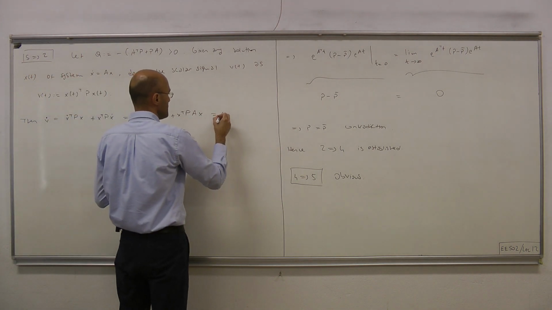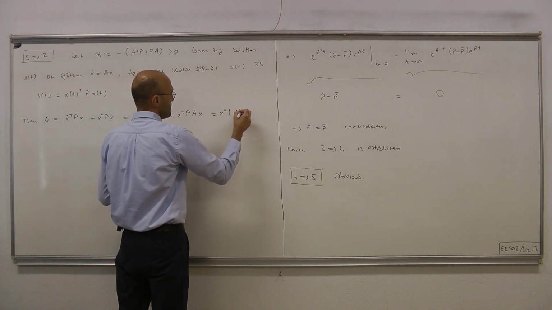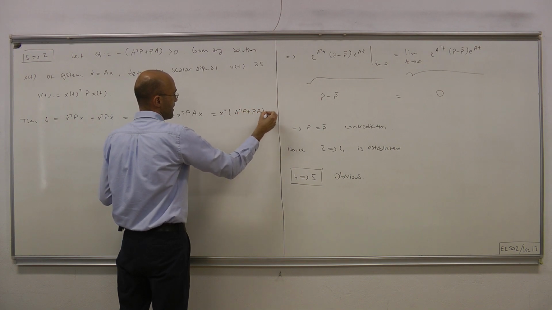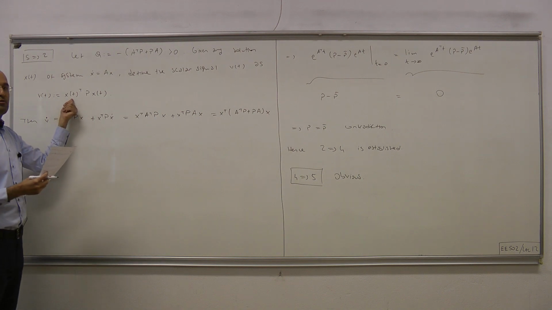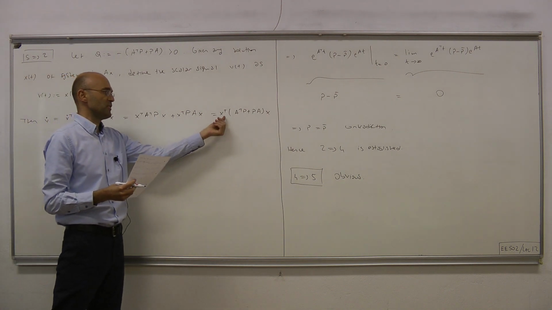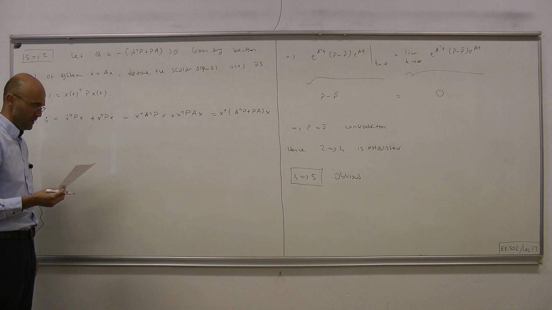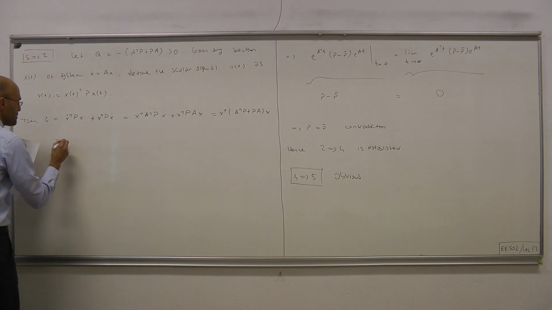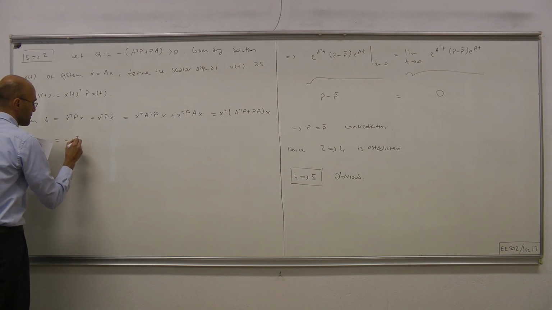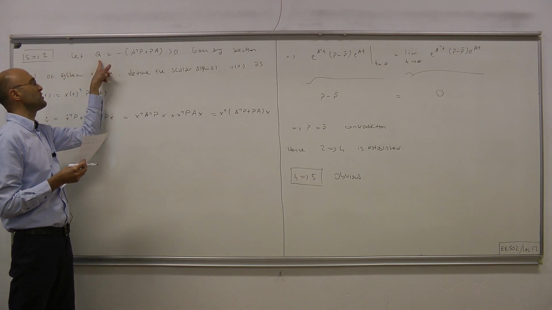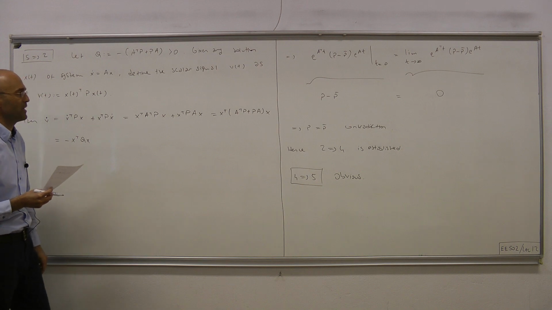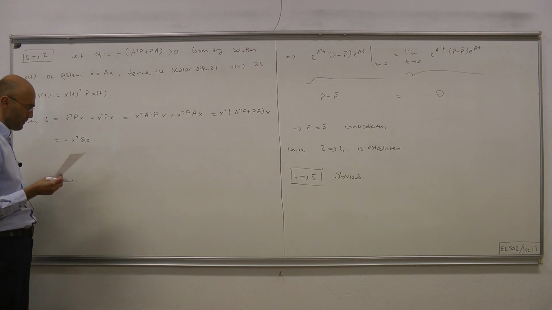That can be written as x transpose (A transpose P plus PA) x. By x we mean the solution x of t; for simplicity we didn't write the t dependence. That equals minus x transpose Qx, because we defined the matrix Q as minus A transpose P plus PA.